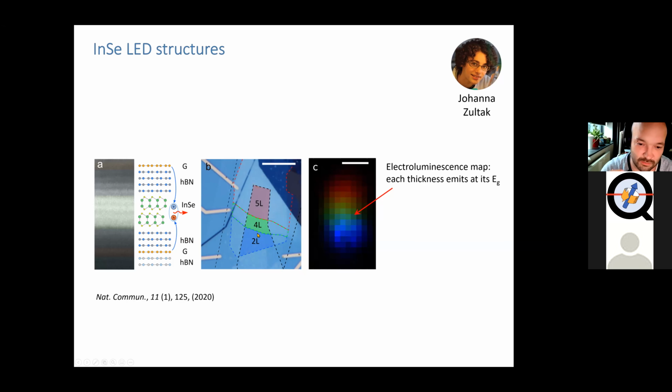That light would depend on the band gap of the material. So here you can see this kind of LED structure with different numbers of layers, which emits at different wavelengths corresponding to the band gap of the material. That is actually in infrared, so the coloring is fake, but that illustrates the idea that the light is of sufficiently different wavelength.